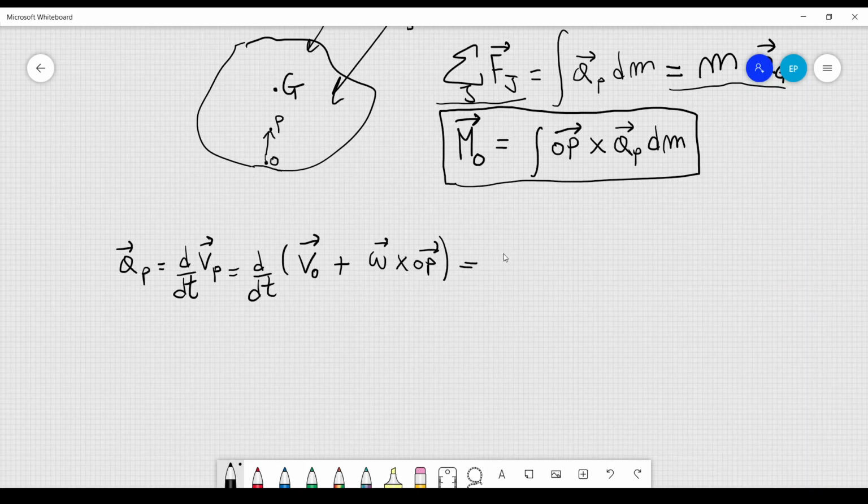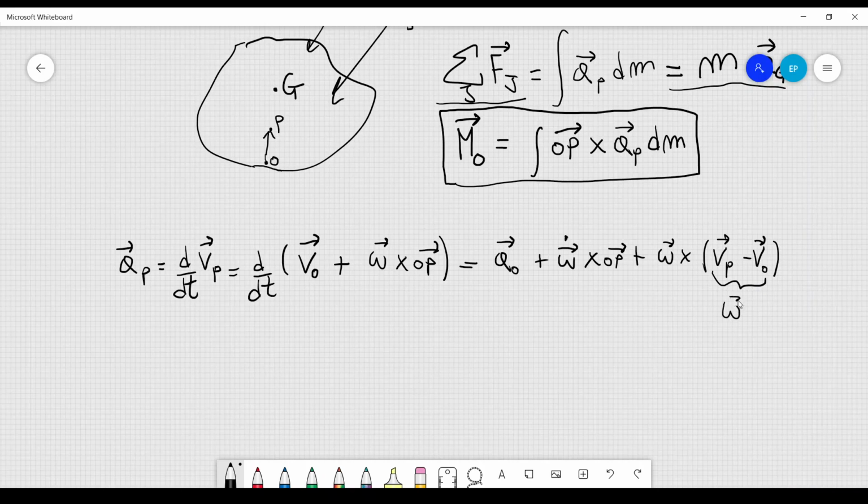So when we take the derivative, we have the acceleration of the point O plus omega dot cross product OP plus omega cross product the derivative of OP. We already have a formula for the derivative of the vector OP, if you recall, but in general, this is just the velocity of the point P minus the velocity of the point O, which is none other than omega cross product OP.